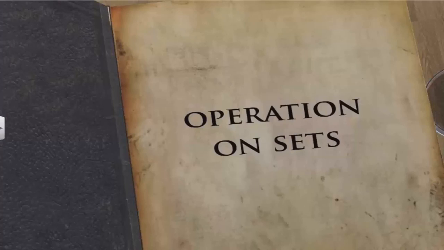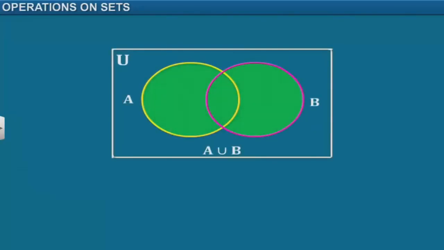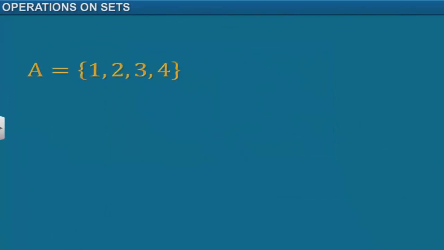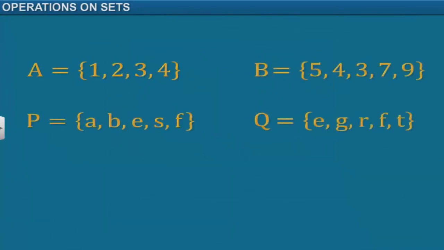In this module, you will learn about the different operations that can be performed on sets. While we come across many sets in mathematics, it is evident that many sets share the same elements.